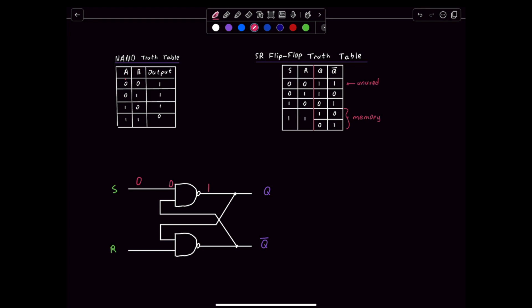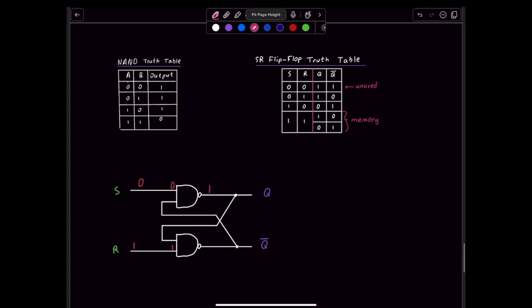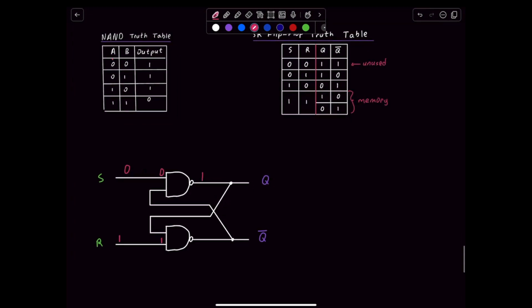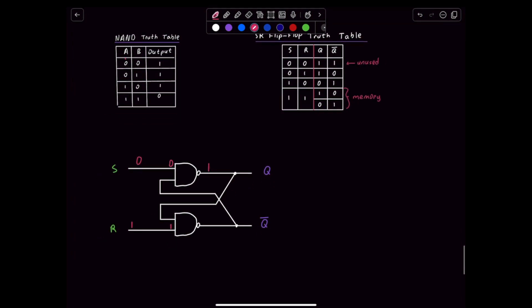Now, let's say this other input, the reset, is set to 1. What we know here is that this is 1. And we also know that the second NAND gate gets its value from the output of the first NAND gate, right? So let's trace it. It goes from there all the way over here. Since this is a 0, the output of the first NAND gate is always going to be 1.